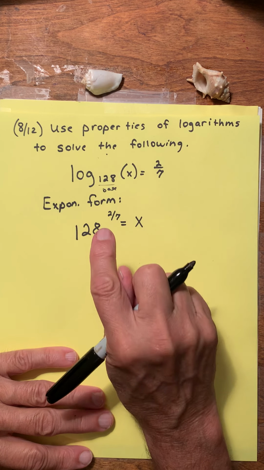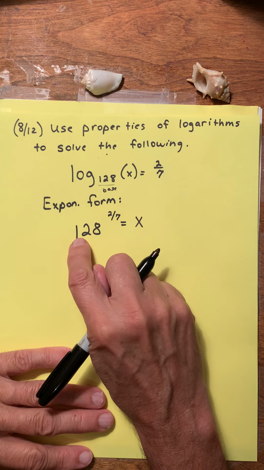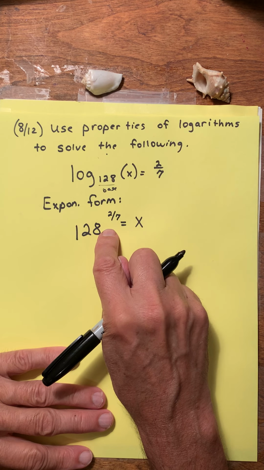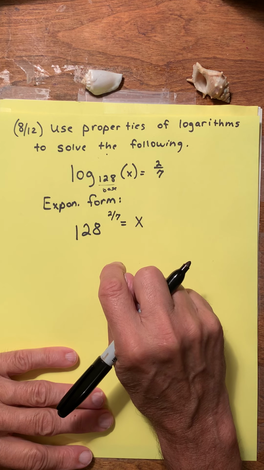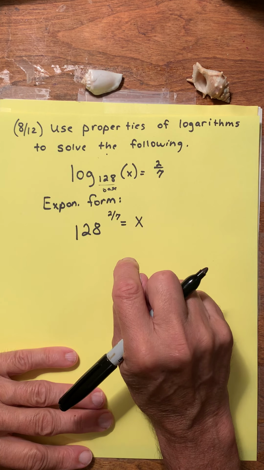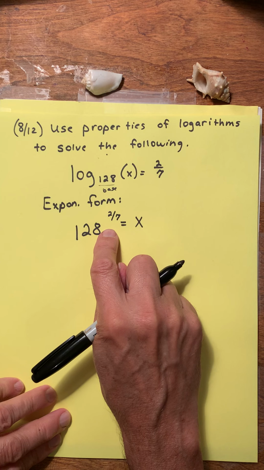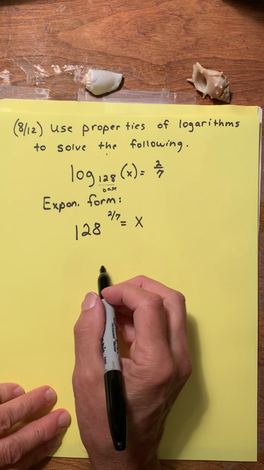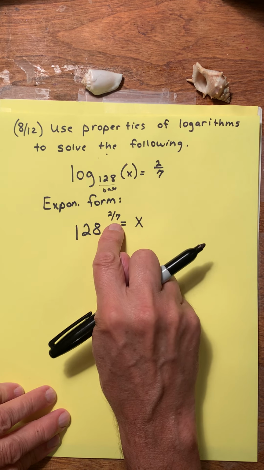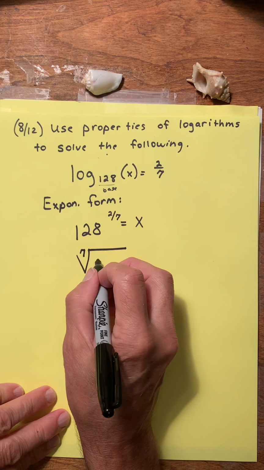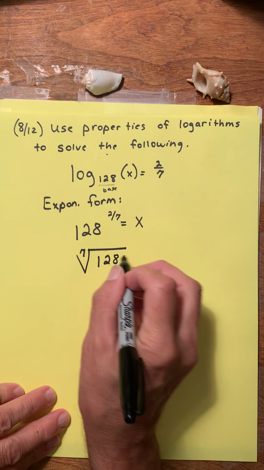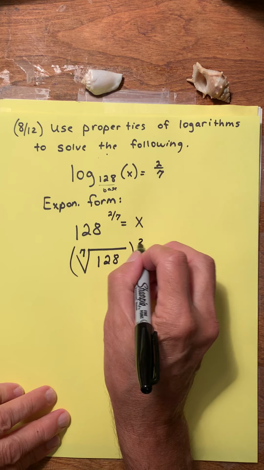And by the way, you can do this with a calculator. 128 to the power of, and in parentheses do 2 divided by 7, equals, and you'll get your answer. But let's use the translation of a fractional exponent to a radical expression. 128 to the 2/7 means the 7th root of 128, squared.